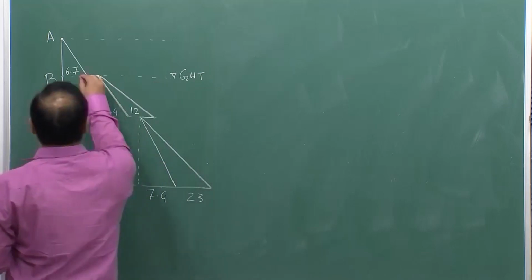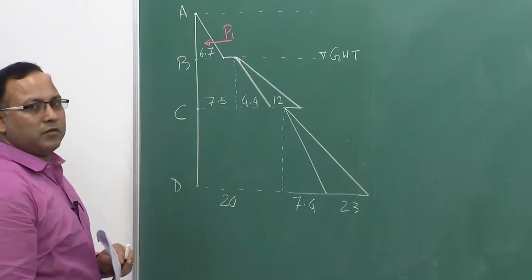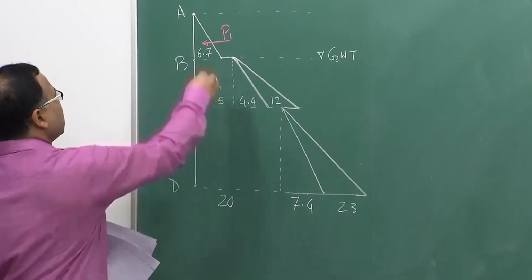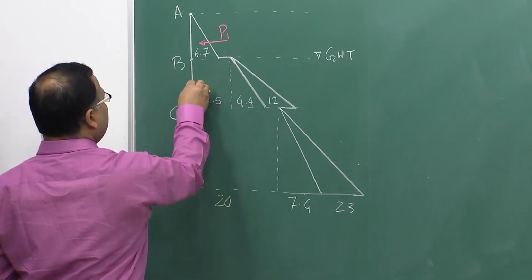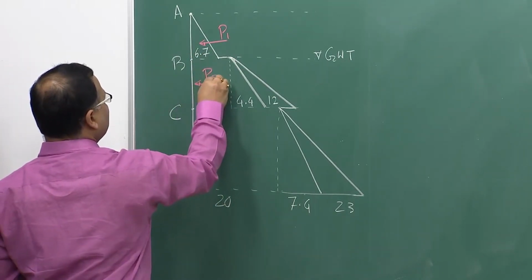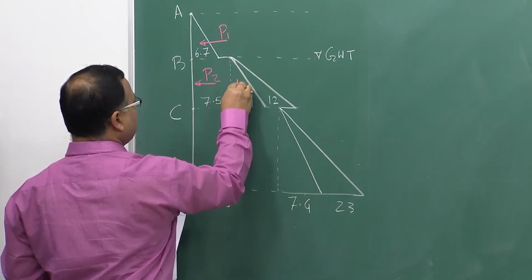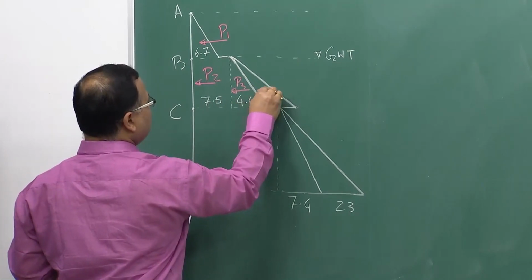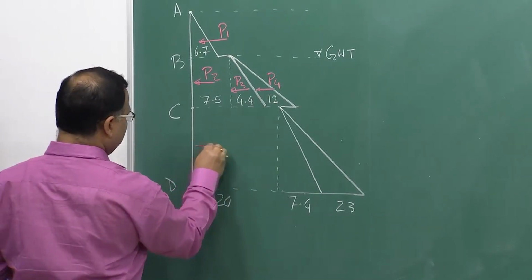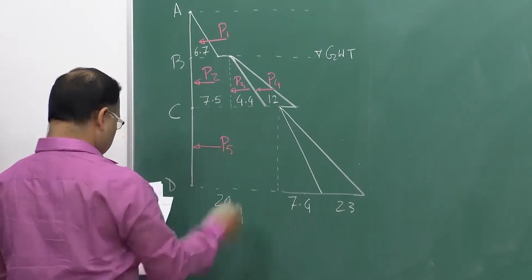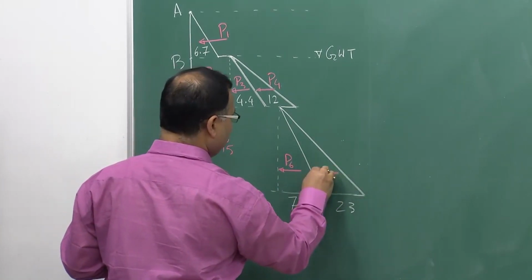Now, basically the force due to this top triangular area we call P1, then this rectangular area P2, then this triangular area P3, and this triangular area P4, then this rectangular area P5, this triangular area P6, and this triangular area P7.